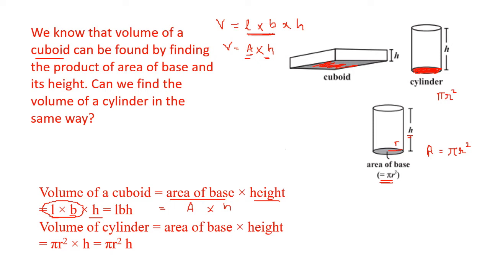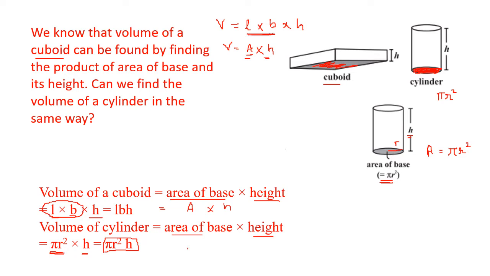Taking the same analogy like the cuboid, we can say volume of cylinder is equal to area of base into height. Now the area of the base is given by pi r square, where r is the radius of the base. So area of the base into height gives us pi r square h.